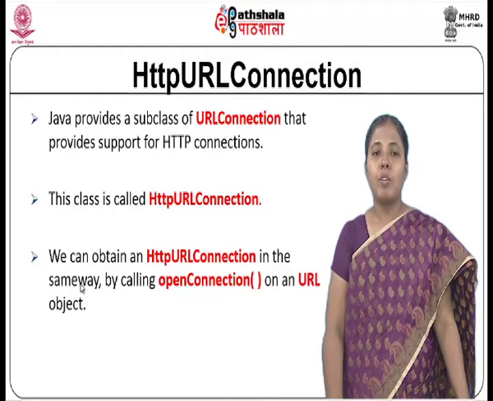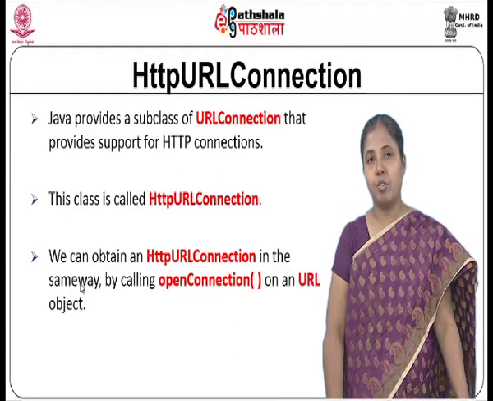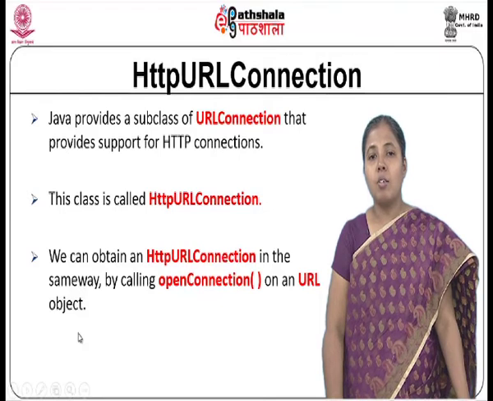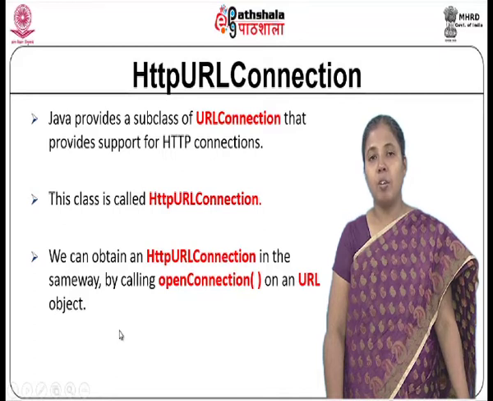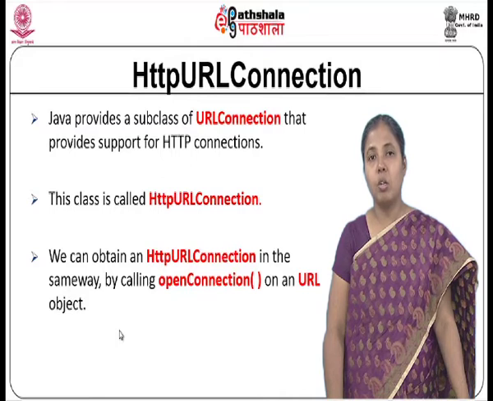Now, there is a subclass of this URLConnection class called HttpURLConnection. This also provides support for HTTP connections. We can obtain the HttpURLConnection in the same way as you do for the base class, or the super class, URLConnection, by calling a method called openConnection on a URL object.